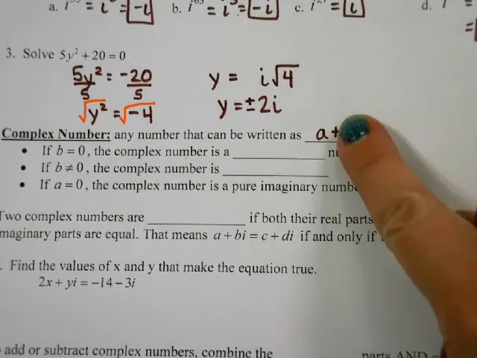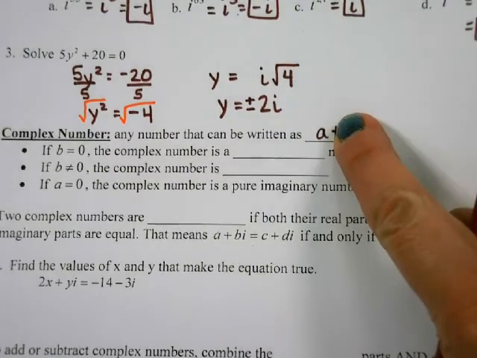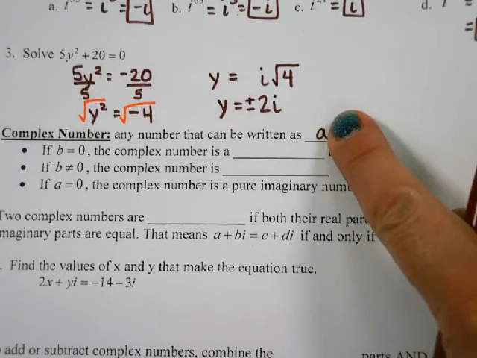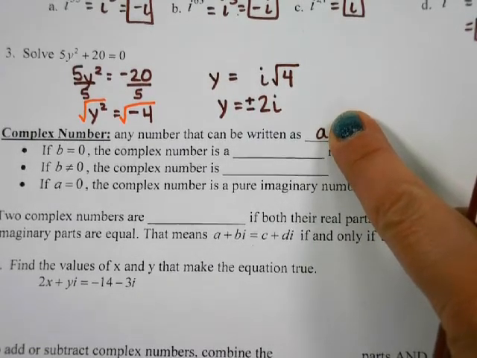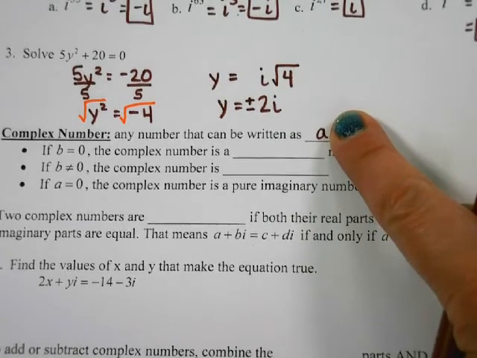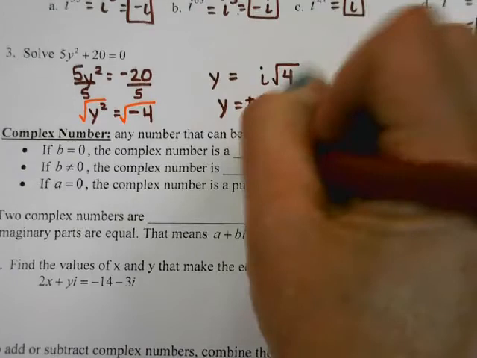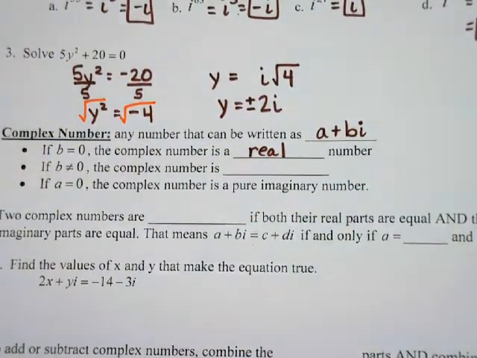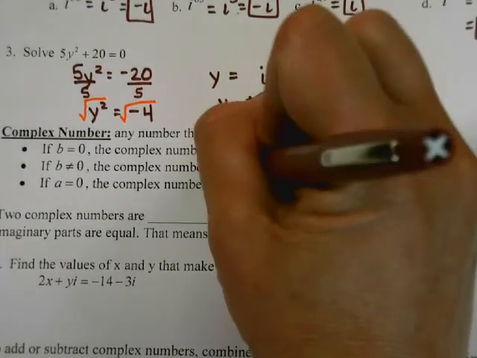If b equals 0, so if that guy's not there, the complex number is a real number. Everything you've been doing so far in your whole entire life in math has been with a real number. If b doesn't equal 0, so b is something like 5 or 7 or negative 2, then the complex number is an imaginary number.